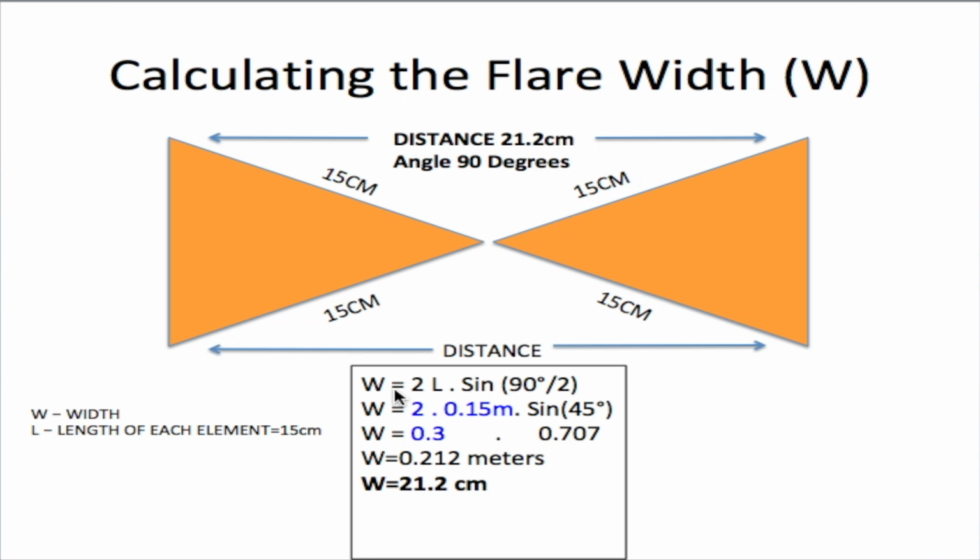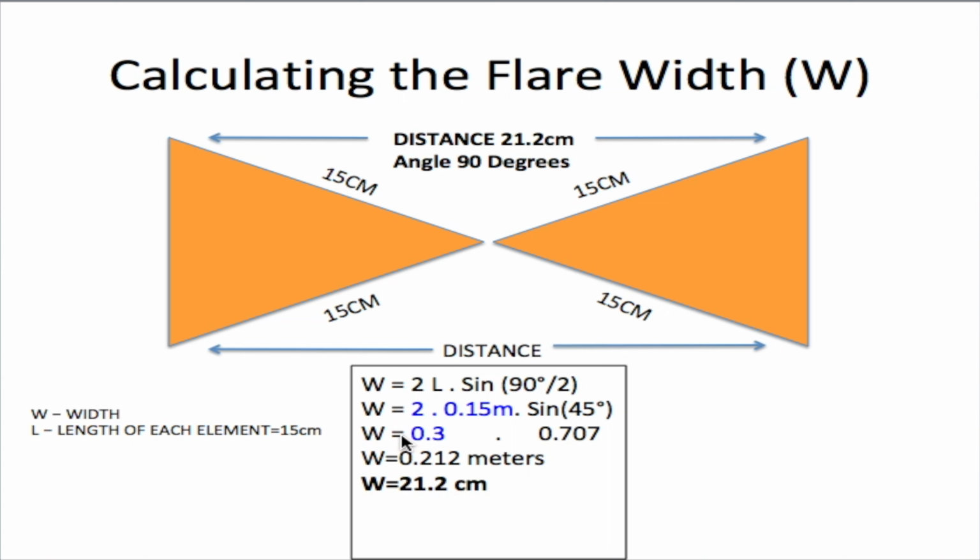So the W is equal to 2 times L, which is the length of the element, times the sine of 90 degrees divided by 2. Okay, so W is equal to 2 times L, which is 0.15 meters, times the sine of 45 degrees. So I just divide 90 by 2, got 45 degrees.